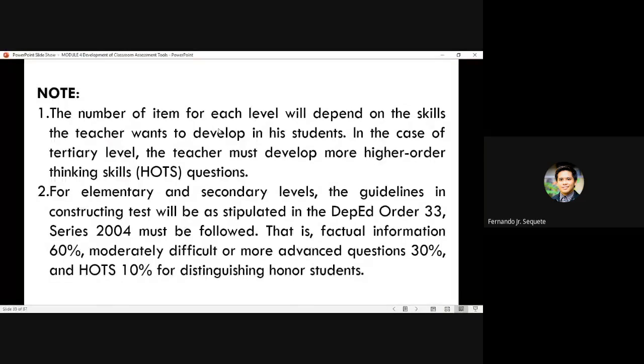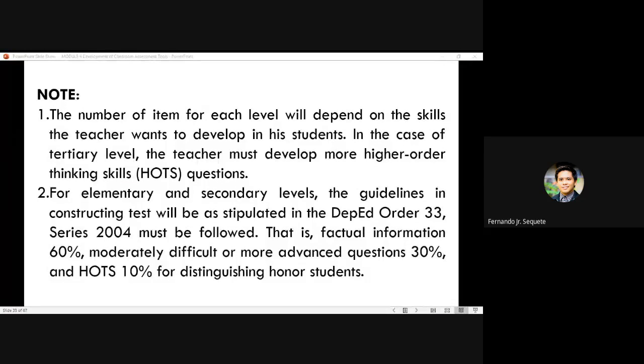So for you, children, do not be shocked if teachers give you items, activities or tasks which are very complicated, because this is actually imperative. It is very apparent, since this is the tertiary level. You are not preschoolers anymore.